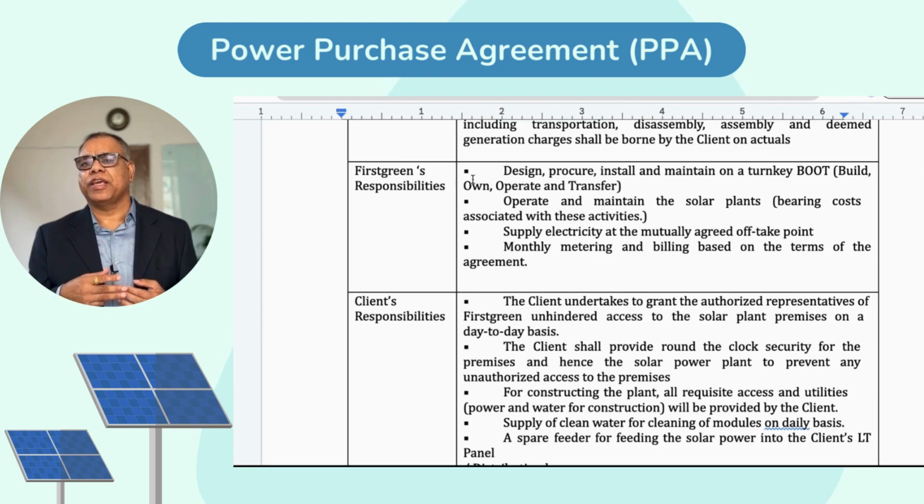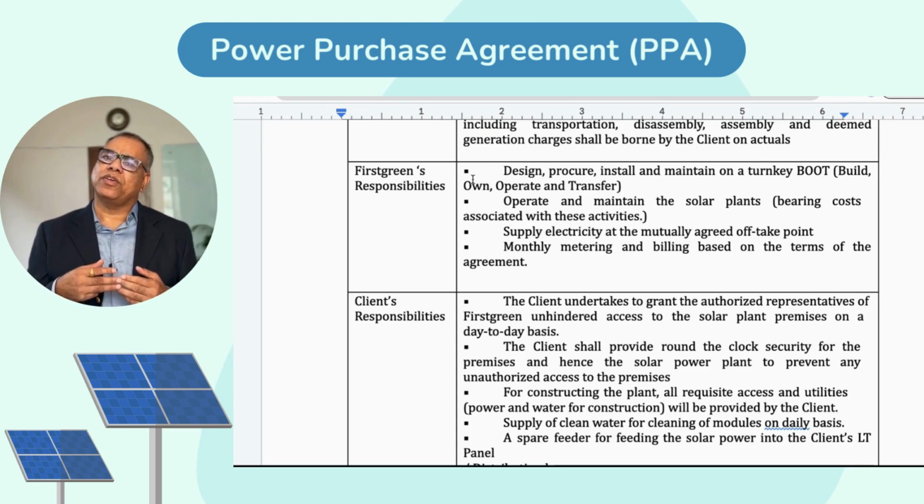The second aspect is, if I have installed the project and I am operating it, but I am not able to meet the minimum generation requirements, then it is a loss to the off-taker, because in that case he has to buy costlier electricity from the grid or any other source.